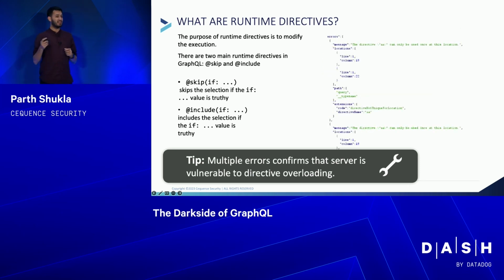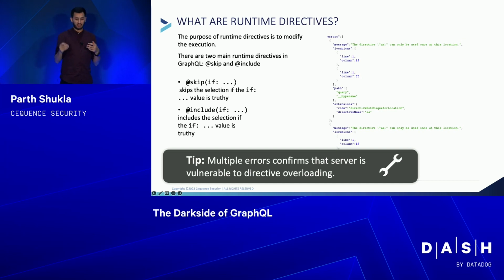So you just send in the query, you just send the directives that you want to try, or you don't really need to know what the directive is. But if you see the error closely, it says that directive A can only be used once at the location. That means that there might be a testing directive AA in their GraphQL server somewhere, which I don't know what data it takes or what the condition of that directive is. But what we are concerned with is the multiple errors that we are getting.